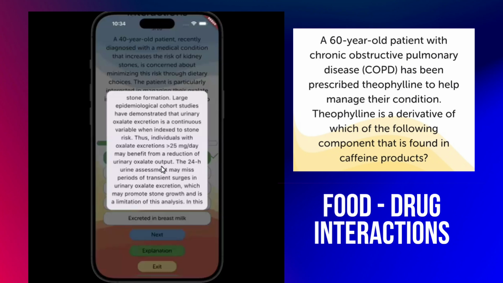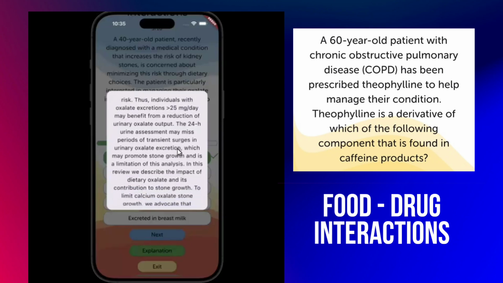So we want to be very aware of that so we can counsel our patients to help prevent kidney stone formation. Large epidemiological cohort studies have demonstrated that urinary oxalate excretion is a continuous variable when indexed to stone risk. Thus, individuals with oxalate excretions greater than 25 milligrams per day may benefit from a reduction of urinary oxalate output. This is very important, okay?